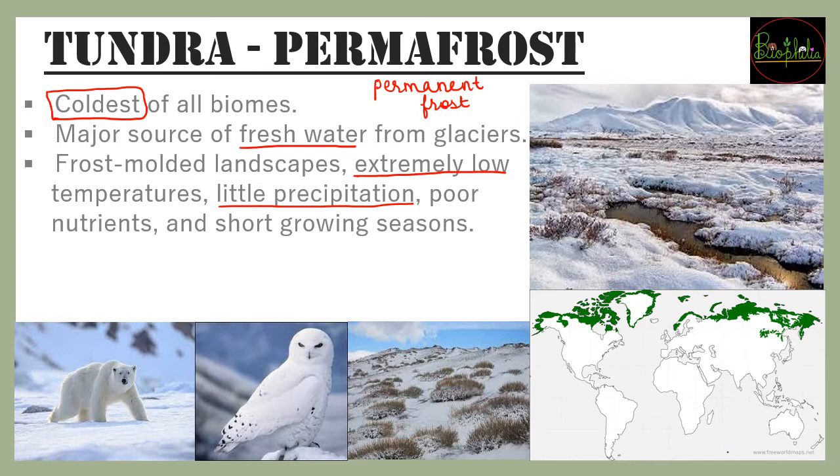And since there are no sun rays that fall onto these regions, there is very little evaporation that leads to less precipitation. और less precipitation है, everything is frozen, there are fewer nutrients in the soil, soil fertile नहीं होगी, there is less availability of light जिसकी वजह से short growing seasons होंगे.